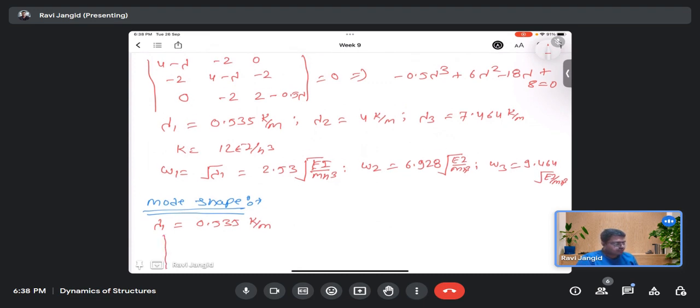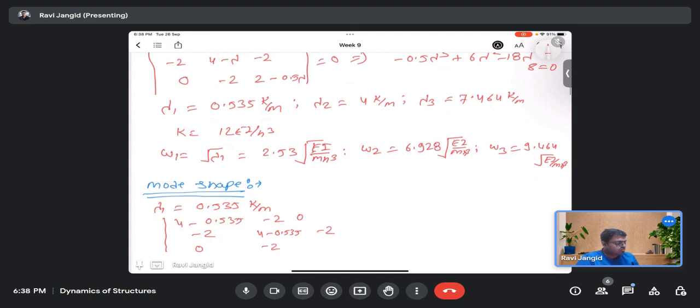So in that equation, that is the 4 minus 0.535, minus 2, 0; minus 2, 4 minus 0.535, minus 2; 0, minus 2, 2 minus 0.5 times 0.535. So if you solve this, you will get the matrix times φ11, φ21, φ31 equal to 0.